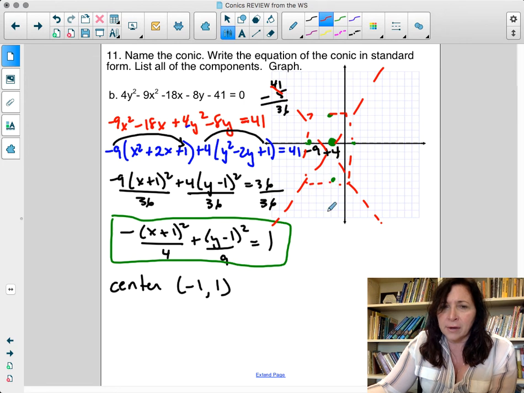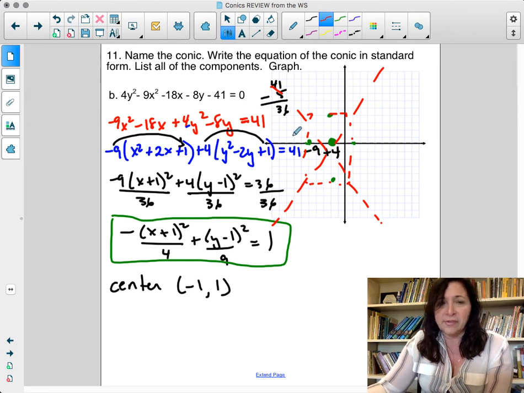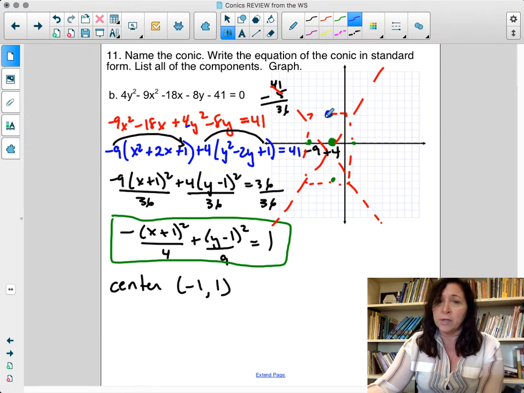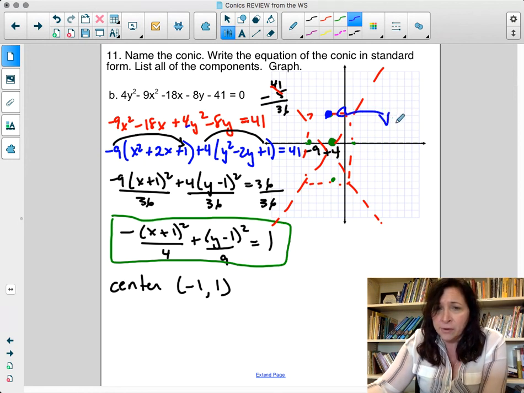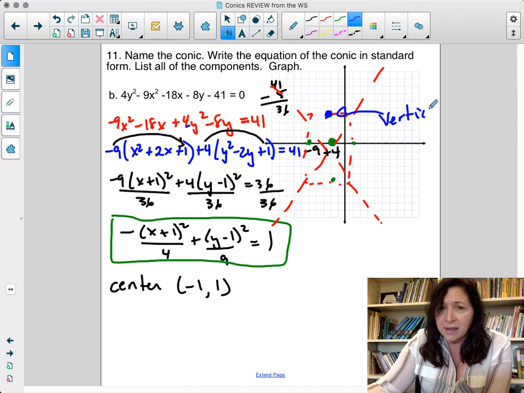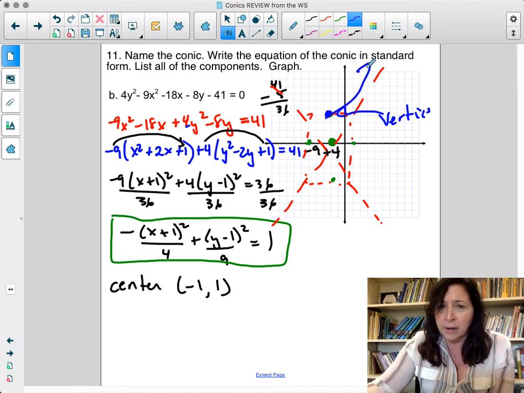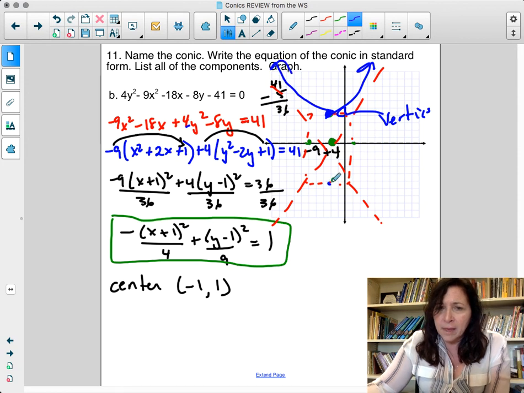Okay, where are we at here? So x is negative, so that means that my graph is going to open along the y direction. That's a vertice right there. So when you get asked what are your vertice points, that value right there is a vertice. It's a vertice because it's holding on to my hyperbola. And then this will go that way, like that.